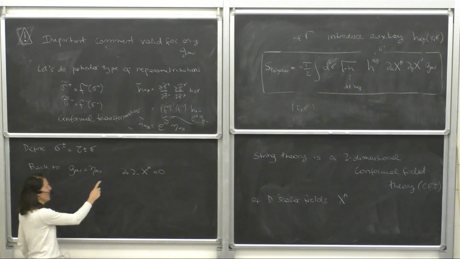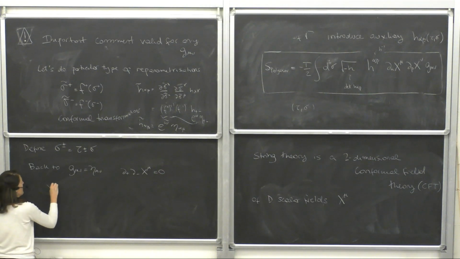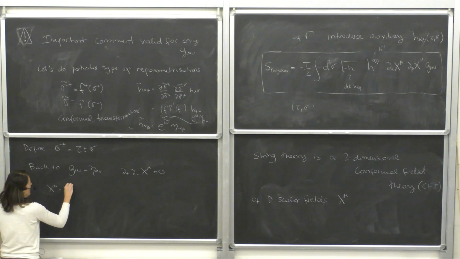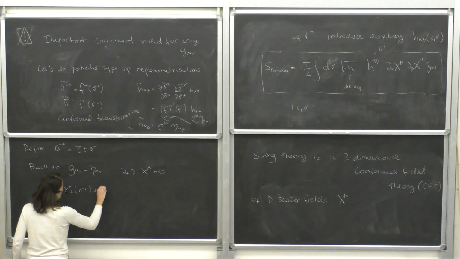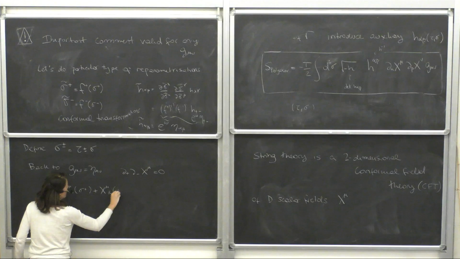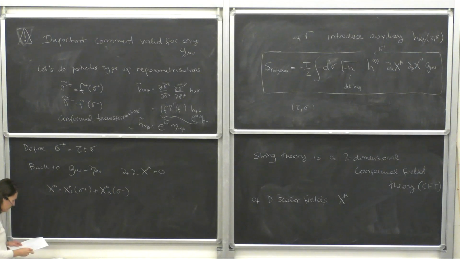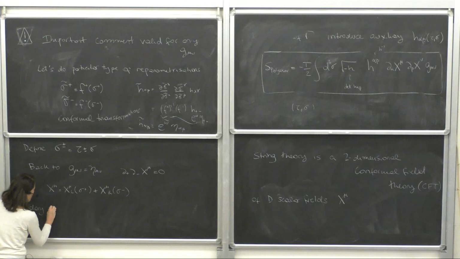So free D scalar fields, x mu left of sigma plus plus x mu right of sigma minus. And now to see what these are, I have to add the boundary conditions, and the boundary conditions will depend on whether you are doing closed or open strings.